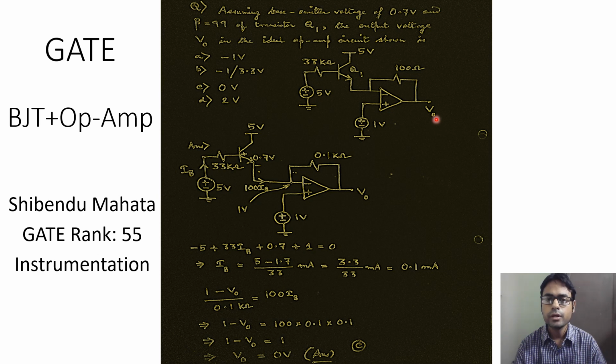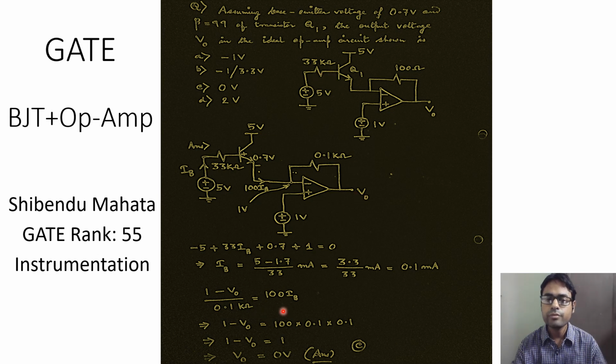But there could be a follow-up question to this problem: can you find the power dissipation of this transistor? Power dissipation is given by the collector to emitter voltage drop multiplied by the collector current.